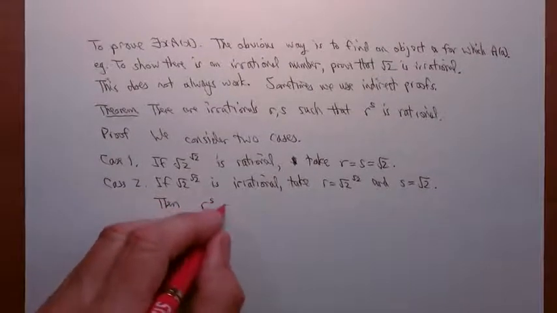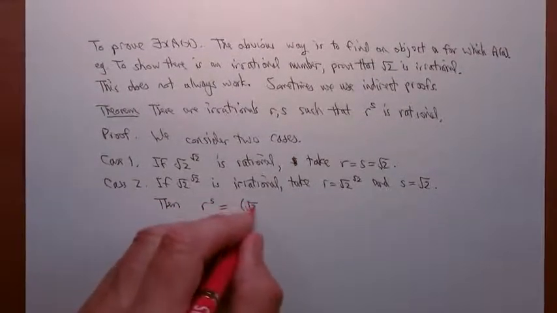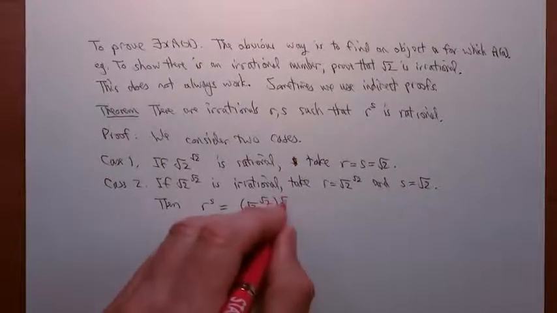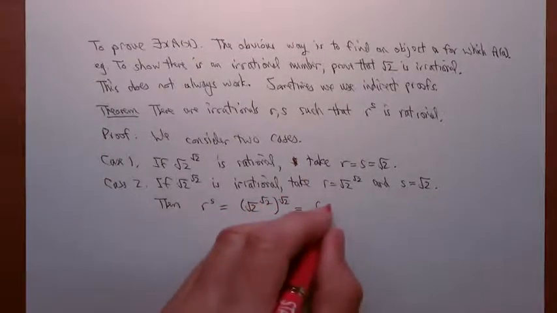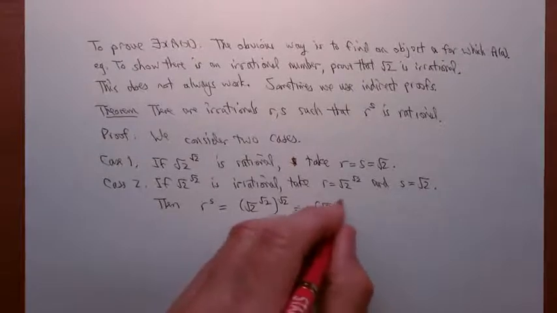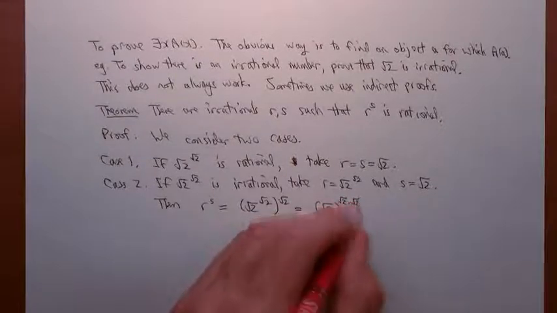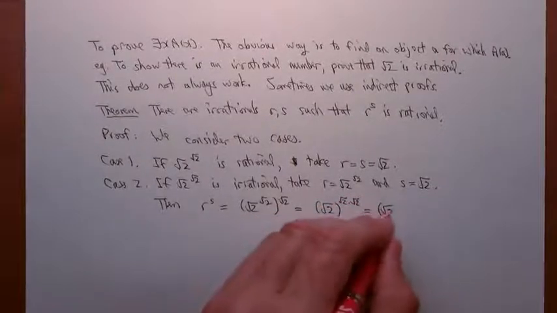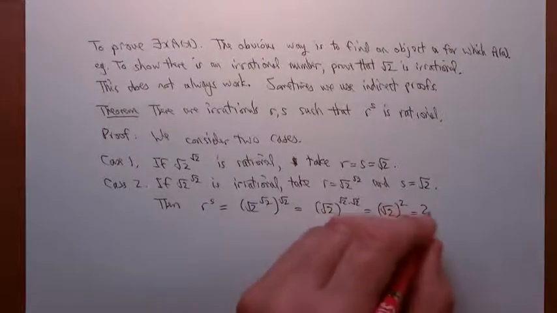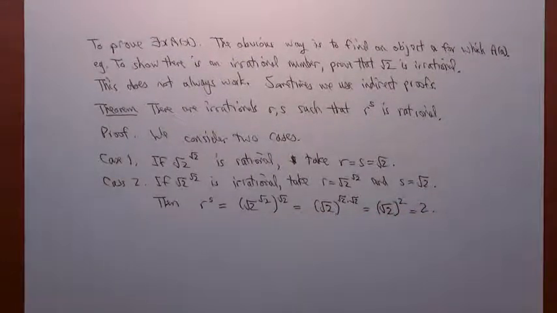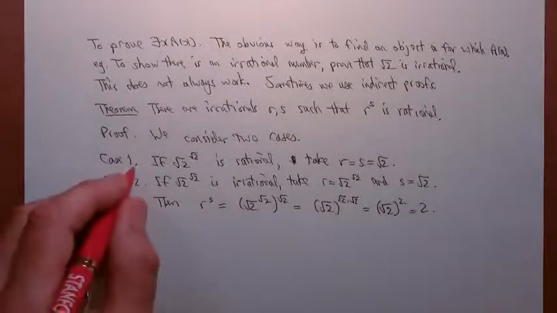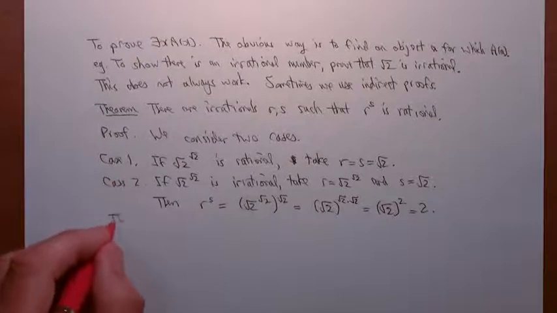And if we do that, then r to the power s is root 2 to the root 2, all to the root 2, which by the way that exponents work is root 2 to the power root 2 times root 2, which is root 2 squared, which is 2. And 2 is rational. So again, we've proved that there are irrationals r and s such that r to the power s is rational. Taken together, case 1 and case 2 prove the theorem.